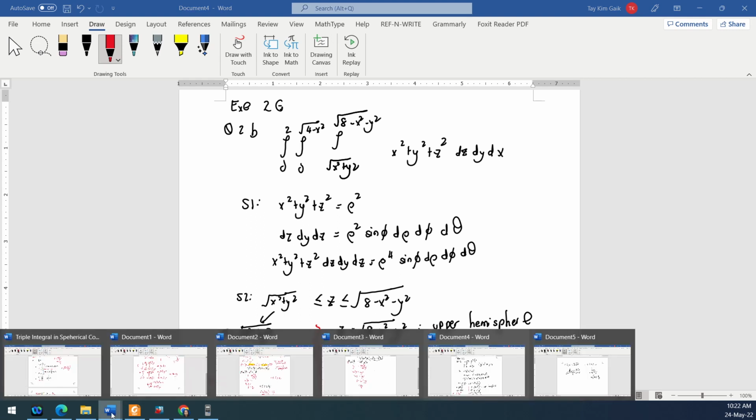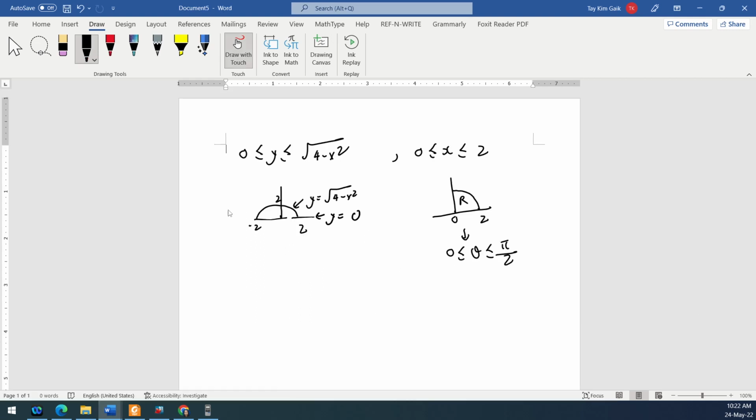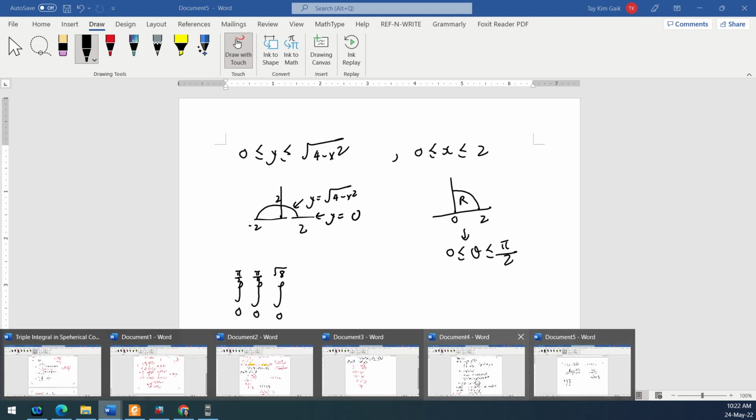So theta 0 to pi over 2, phi 0 to pi over 4 from solving the cone equation, and rho 0 to square root of 8 from solving the upper limit of z.